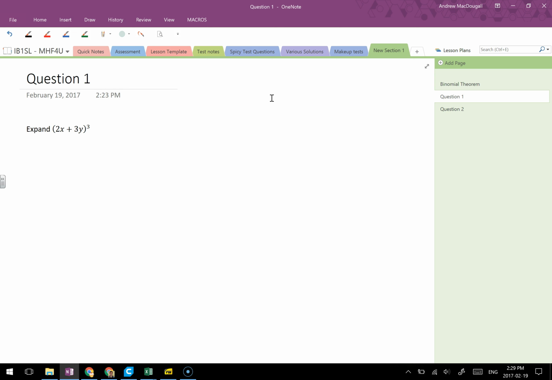So let's recall that, instead of x and y, say a and b, this is the binomial theorem. We add up all the terms that look like this.